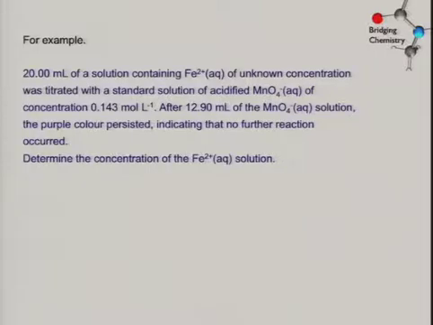After 12.9 mils of the permanganate solution had been added, the purple colour persisted, indicating that no further reaction occurred. And so from that, determine the concentration of the iron 2 plus solution that you started with.